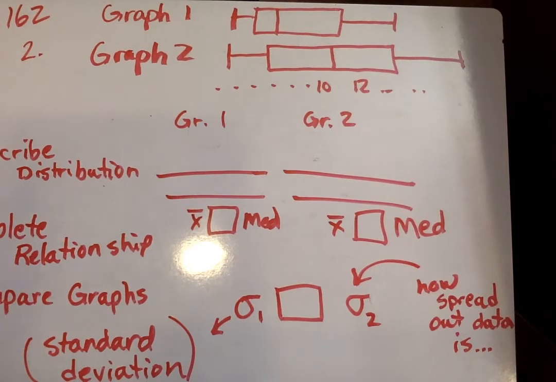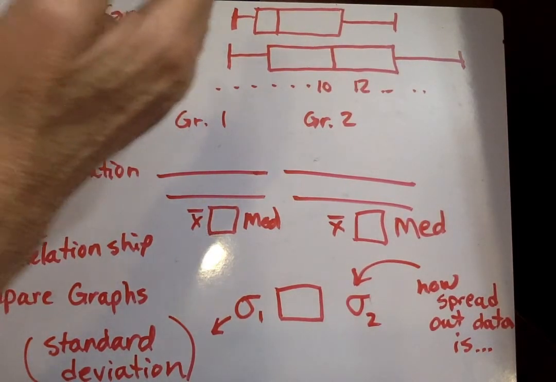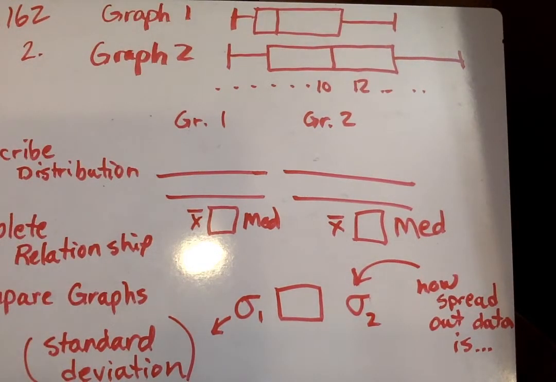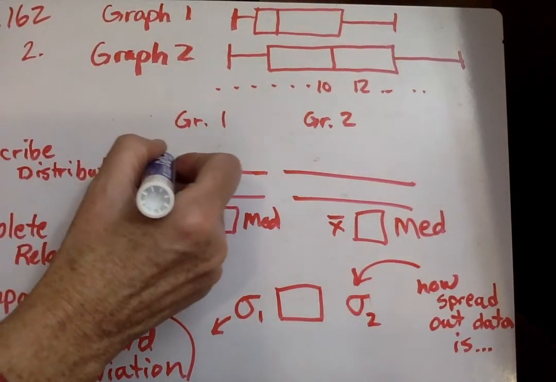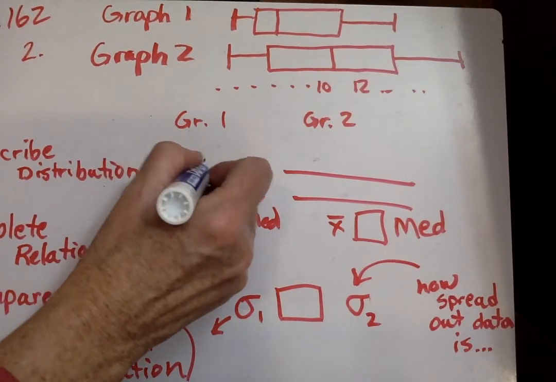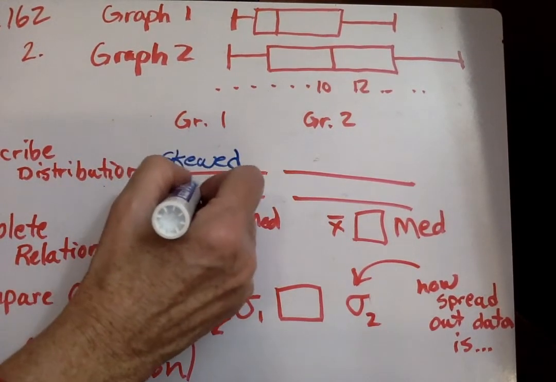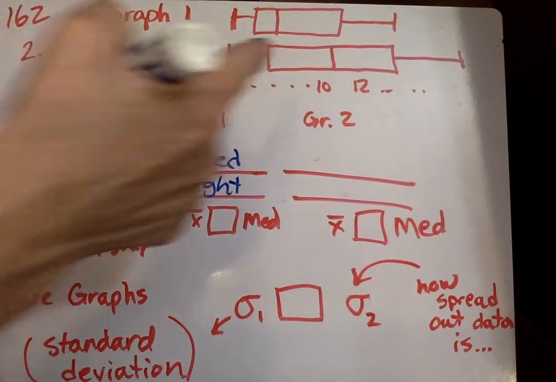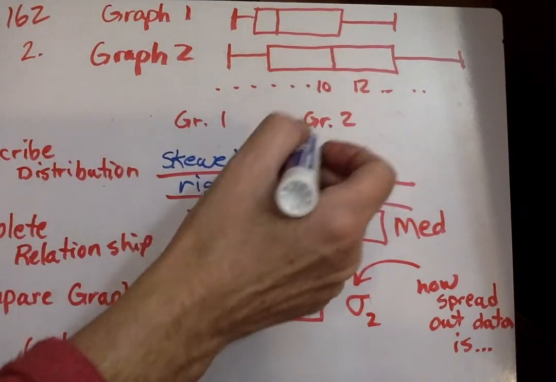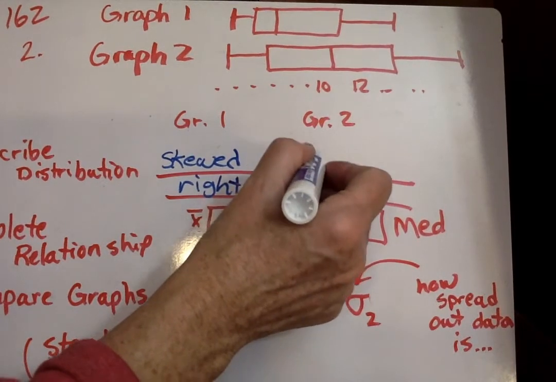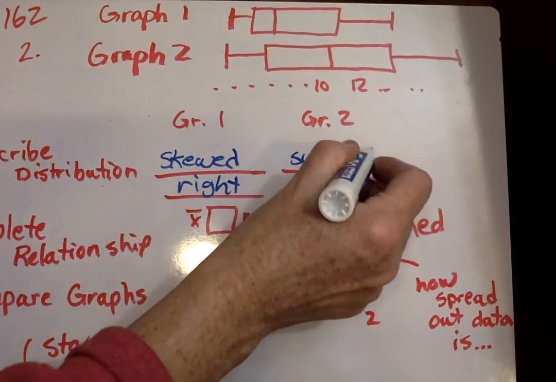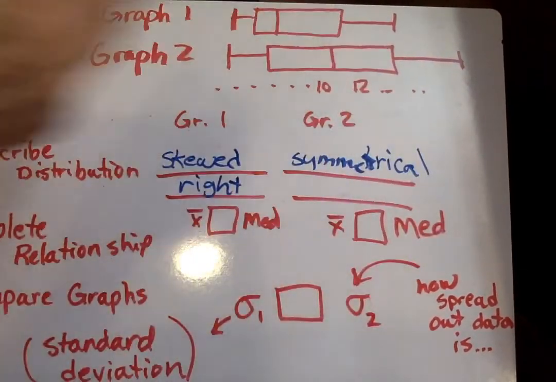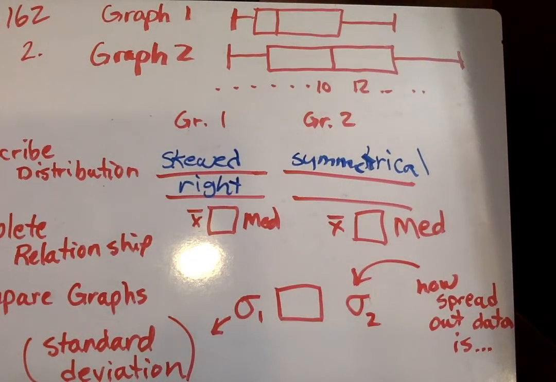Okay? And more of the data is on this left-hand side, so less data over there. So it's skewed right on the first one. So skewed right. Whereas the second one, it looks like it's kind of in the middle, so that one's going to be symmetrical. Can't quite tell if it would be a bell figure or not because I don't have all the data.